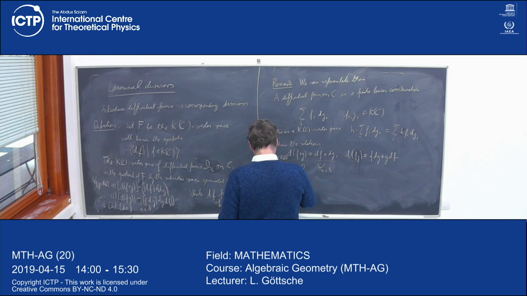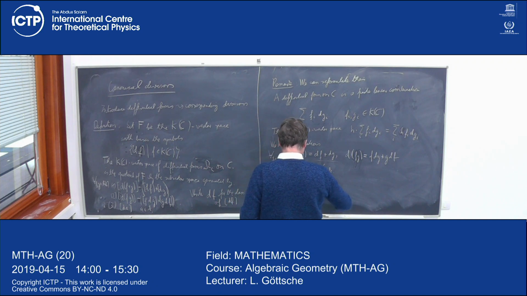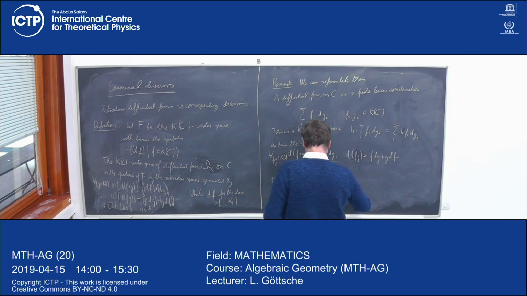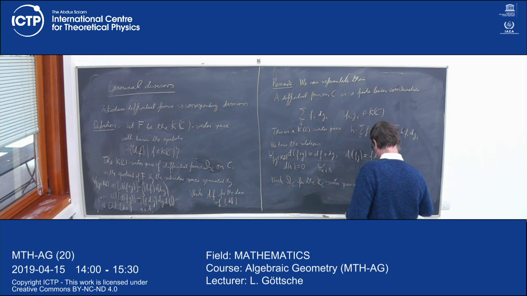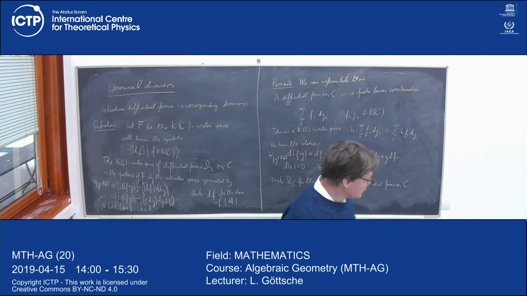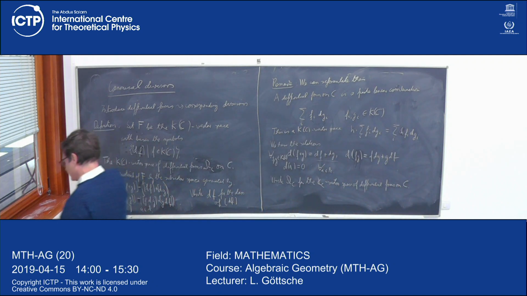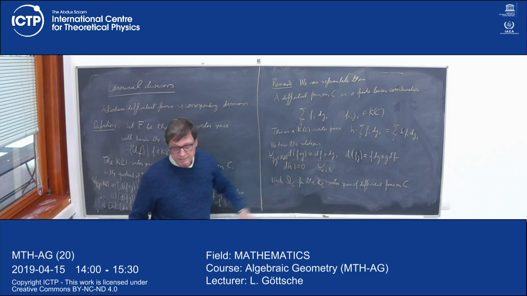So we write, as I said, omega c for the Kc vector space of differential forms. You also have differential forms in differential geometry, but they somehow have a slightly simpler feel to them because one doesn't need to be able to deal with rational functions.